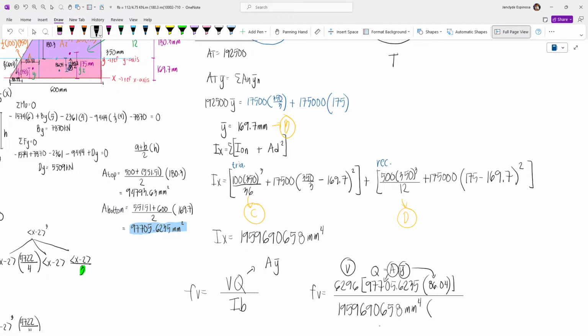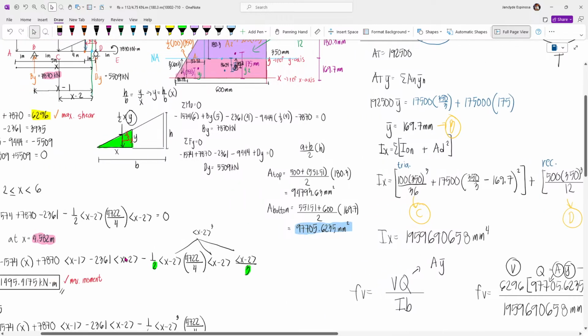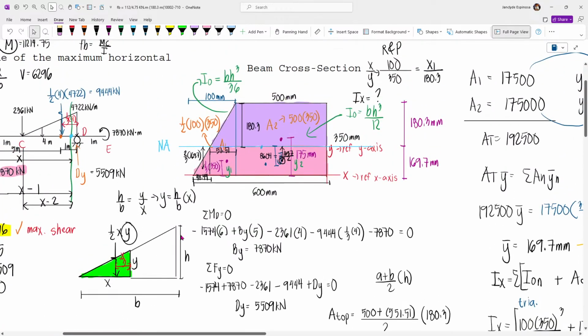Now, multiply na to by B. Again, ang B is the base nga pinakadul sa neutral axis. But since maximum ang pangutana, automatic nga ang pinakadul sa neutral axis kay katura pong kalinya sa neutral axis. So, ang width at the neutral axis, kay di ba, I hope mo agree mo man siya nga distance. Which is how much? Di ba? 551.51. Again na, kana nga distance. Wana ang B.